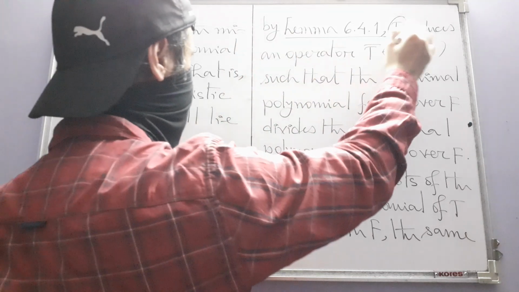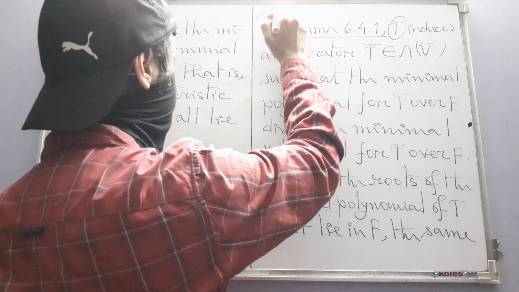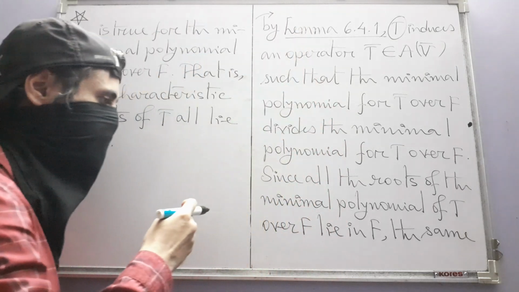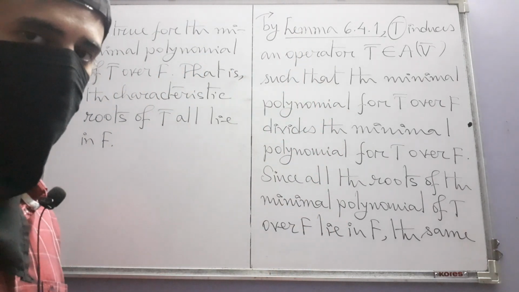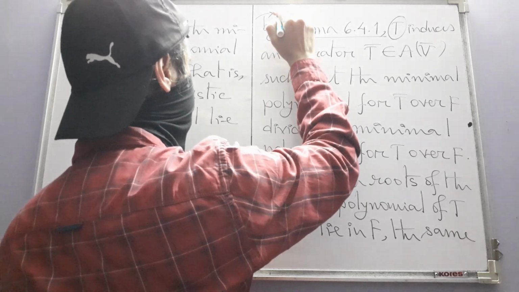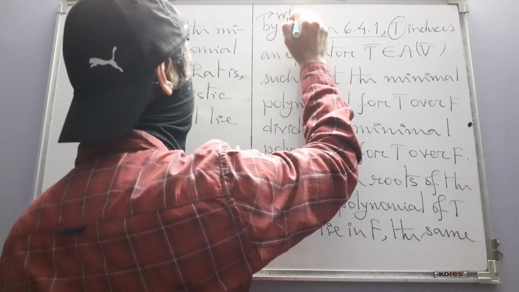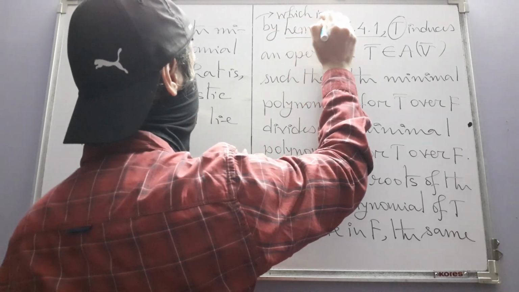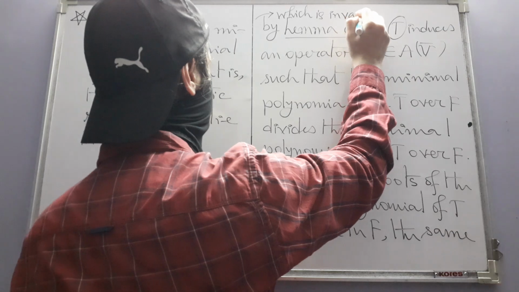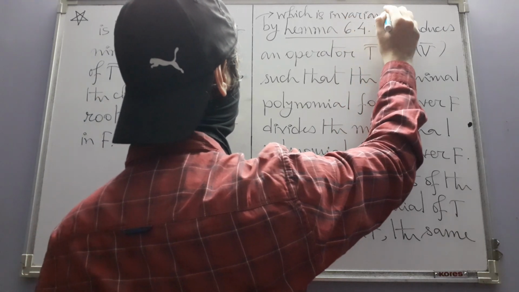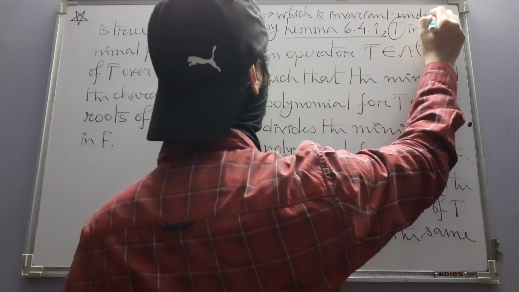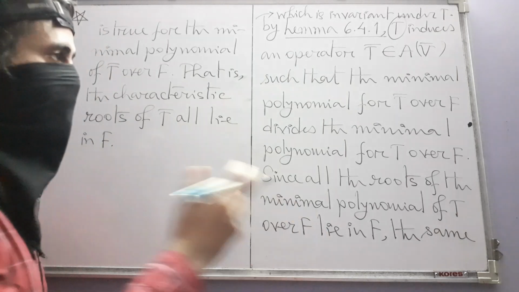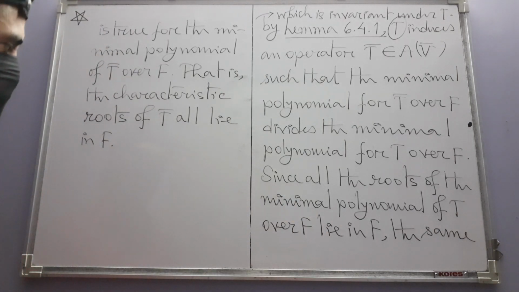Okay, so before writing this, after writing that W is a one-dimensional space, you should write which is invariant under T. But how is W invariant under T?